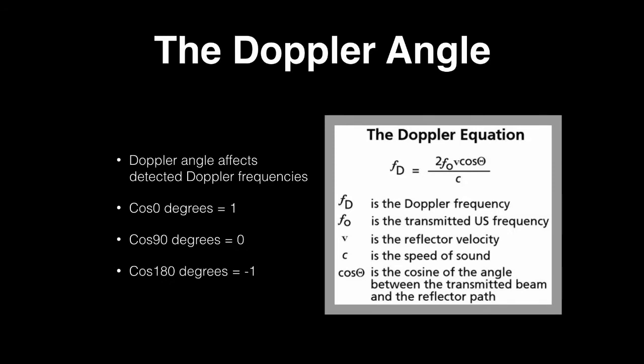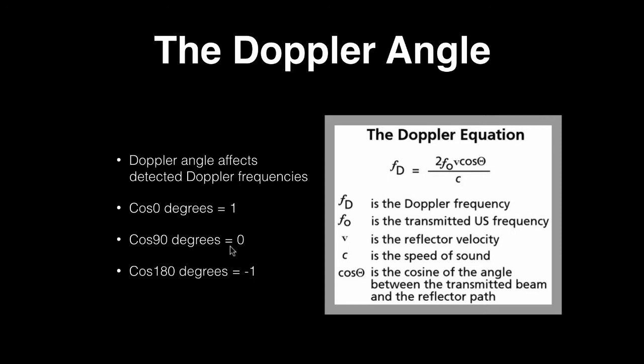So looking at the Doppler angle relationships in a little more detail, the Doppler angle will definitely affect the detected Doppler frequencies. So the cosine of 0 degrees is going to be 1. The cosine of 90 degrees is going to be 0. And that's really important because during B-mode scanning, you were taught to scan as close to perpendicular to your target structure as possible.